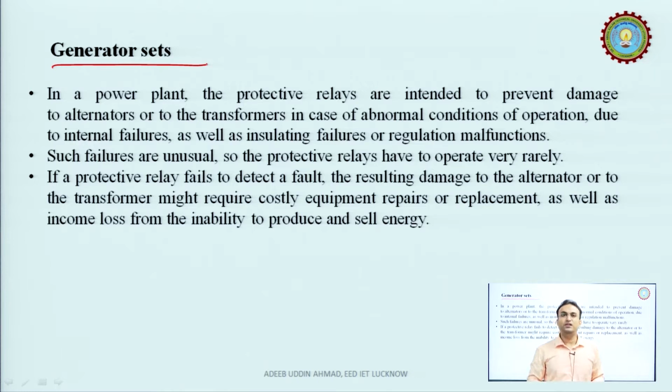If a protective relay fails to detect a fault, the resulting damage to the alternator or the transformer, because both are very costly, might require costly equipment repairs or replacement. We do not want to pay such a huge amount of money for the replacement of the transformer and the generator, because this will turn into income loss and inability to produce and sell the energy.